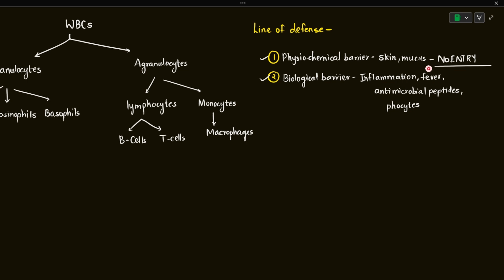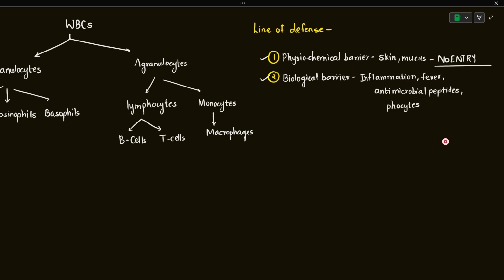Then we also have antimicrobial peptides in our body fluids, which are going to have an effect on the bacteria or the fungi. So whatever microbe is entering the body, we will have antimicrobial peptides such as defensins and lysozyme. They are going to work over them, so they are also a part of the biological barrier, or the second line of defense.